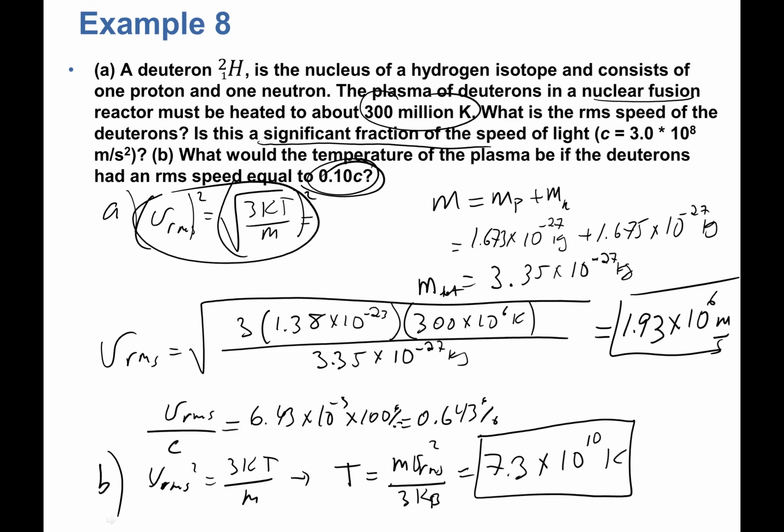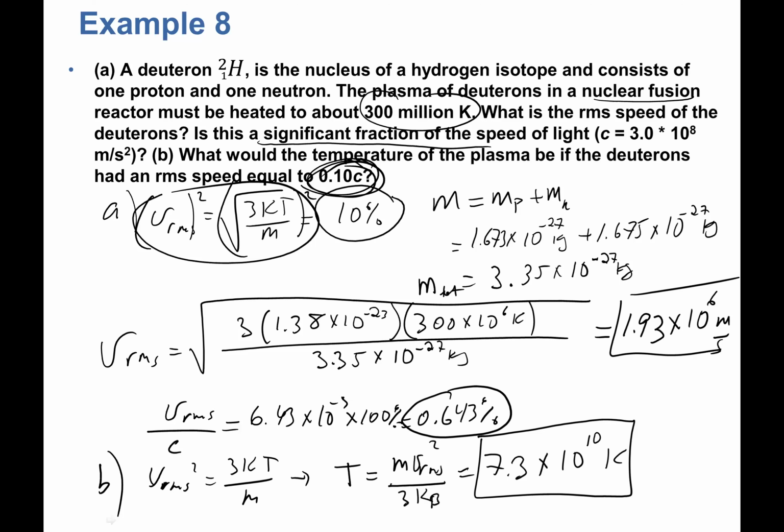So that's a really high temperature, 73 billion Kelvin. That means, remember, in order for them to move faster, you need to increase temperature. So the earlier case was only a fraction of that, less than 1%. 0.1 c means you're looking at 10% of the speed of light.